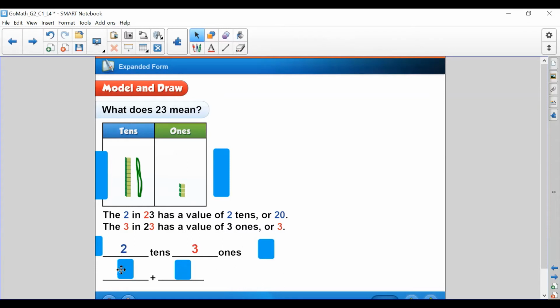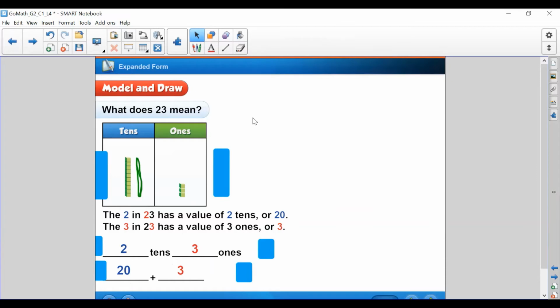And what is the value of 2 tens? So if you had 2 $10 bills, how much would that be? 20. And if you had 3 ones, what would that value be? 3. So as you see, 20 plus 3 is 23.